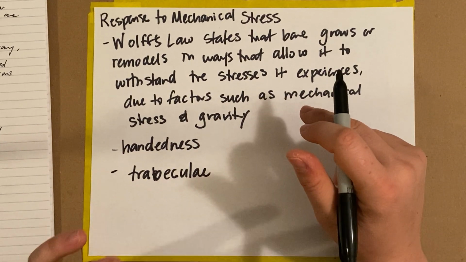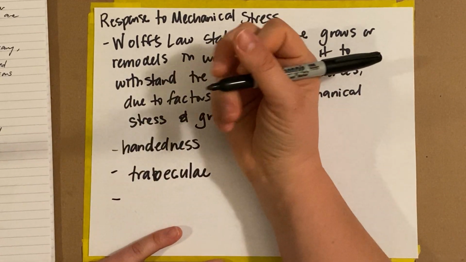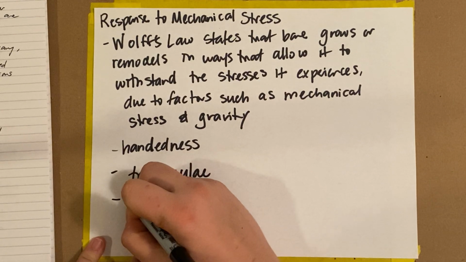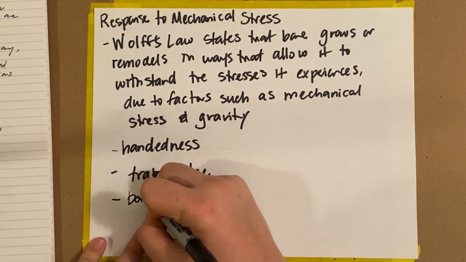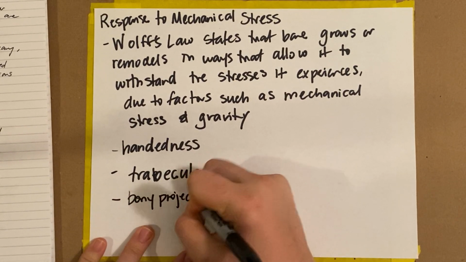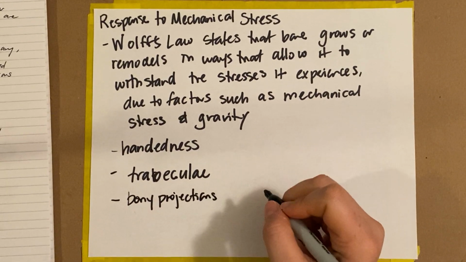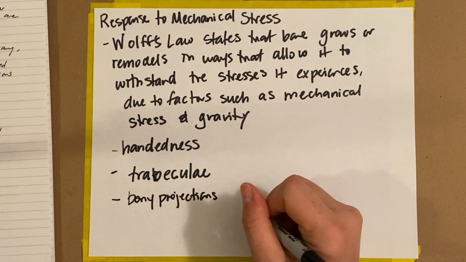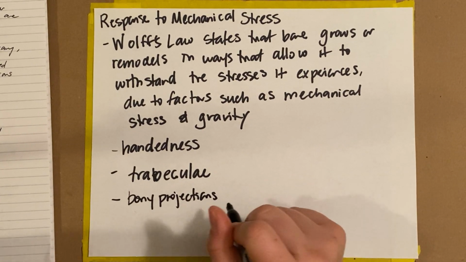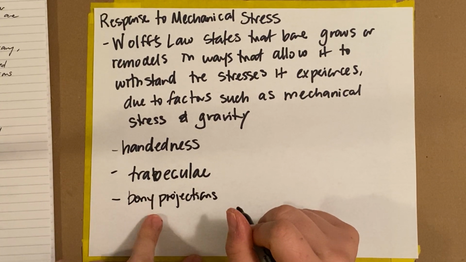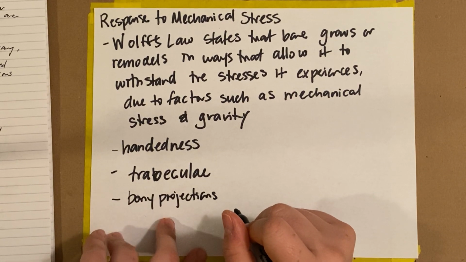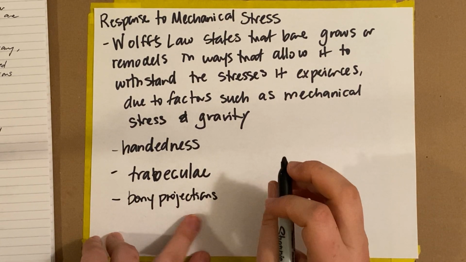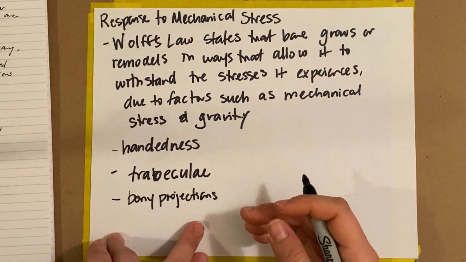Okay. One thing we'll be talking about is these different structures on bones, but large bony projections. These big structures are often going to be where we have very heavy, strong, active muscles that are going to attach. So we have to have a very large bony projection to help withstand the stress that that muscle will put the bone under.